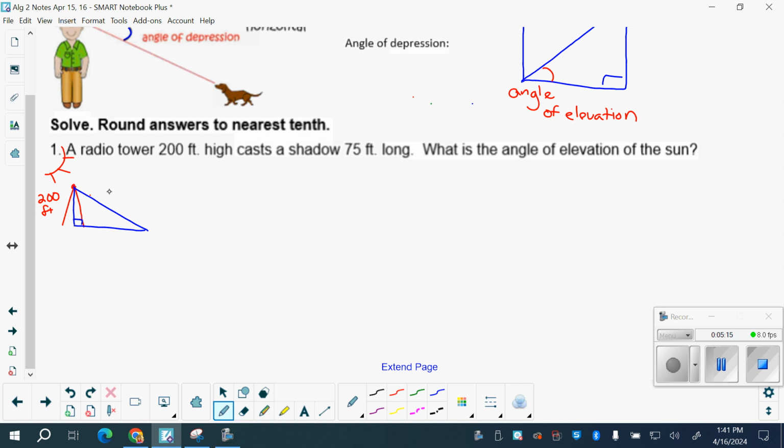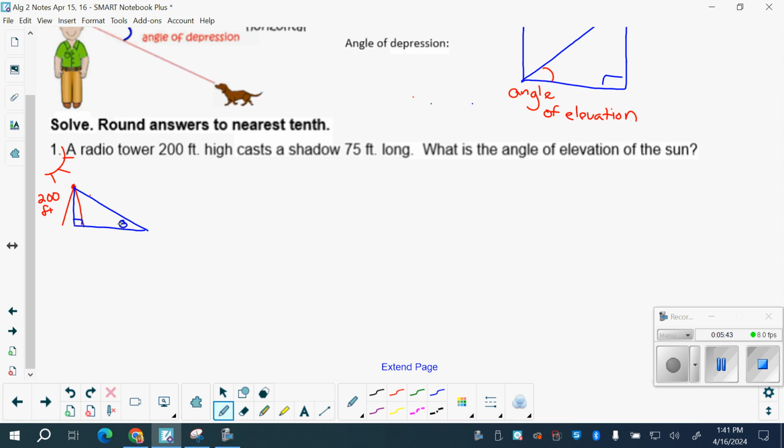What part of that triangle is the shadow? So this is my angle of elevation here, my theta.